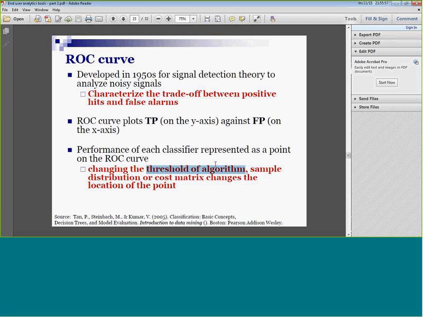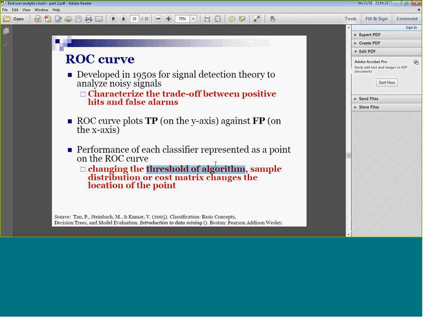If it comes out below 0.5, the model says this is a no. So 0.5 is the default that's built into every software package I've ever used. It's called the threshold for determining whether something is a yes or a no, or churn, no churn, or go, stay, or pay, or default on a loan, whatever it is. For two outcomes, it's 0.5.